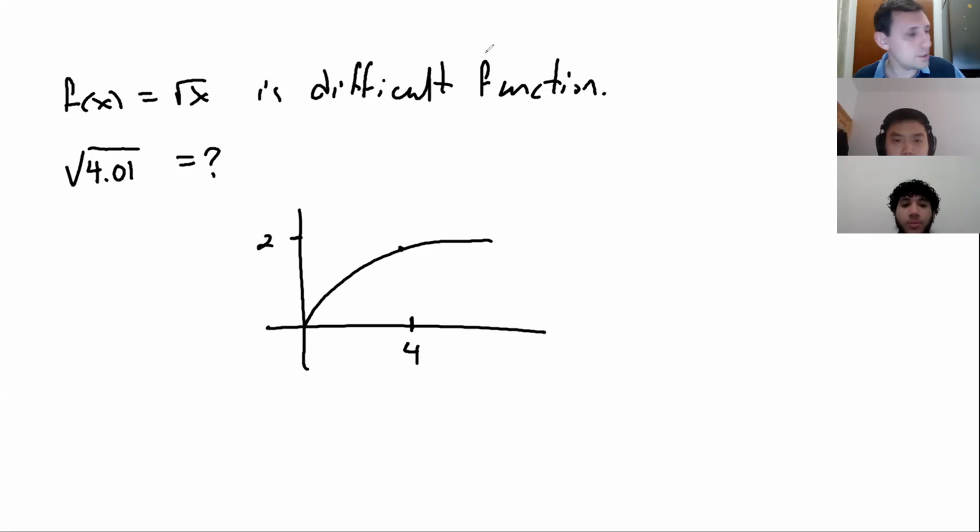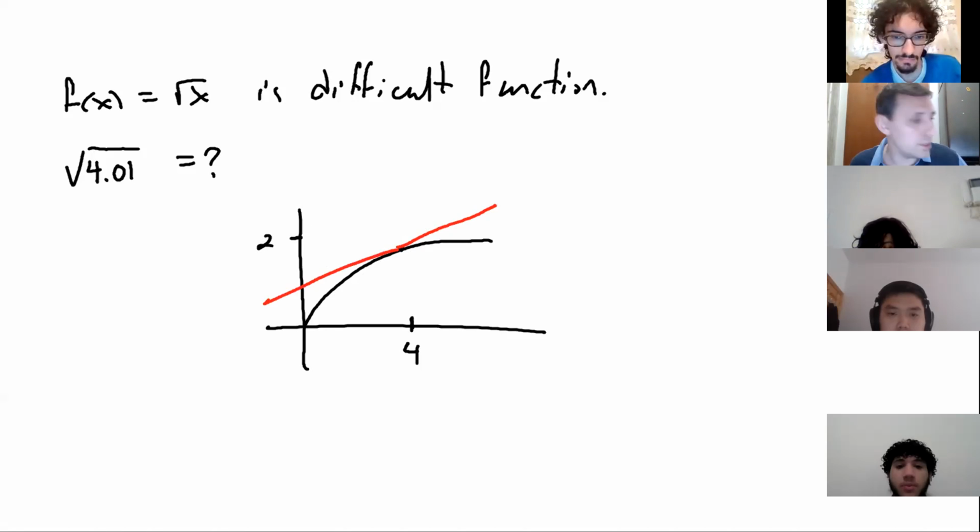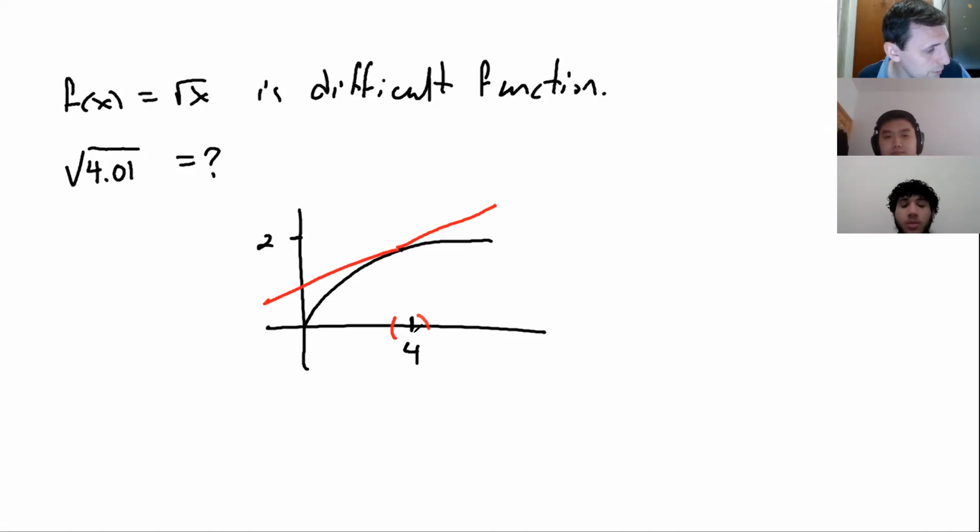And then what I can do is find a tangent line. You see in here, it looks like the tangent line is not touching very well, but if I drew it better, you would see it's much, much closer, at least within a very close range around 4. So if I look here, do you see that there is very little deviation between the position on the black curve and the position on the red line?